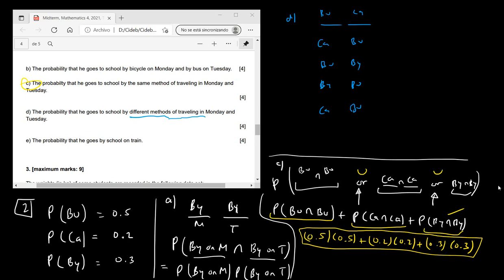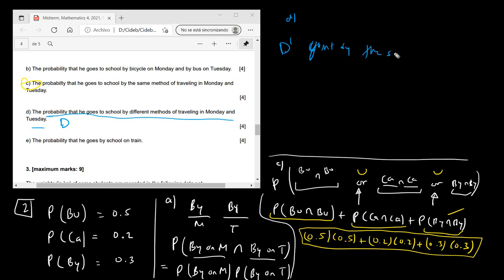What could be a better, wiser, more intelligent way of attacking this problem is by calculating the probability of its complement. Let me label this event D. All of this stuff is D, that he goes to school by different methods. What about D prime? If D is going to school by different methods, then D prime is going by the same method, which we already calculated, as you can see here.